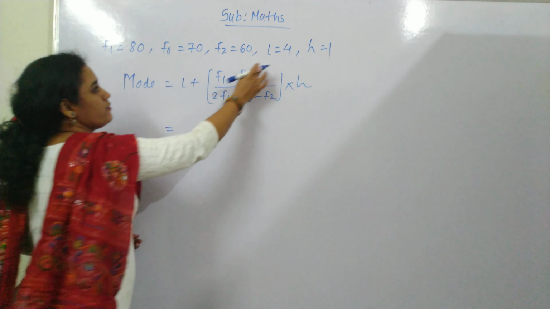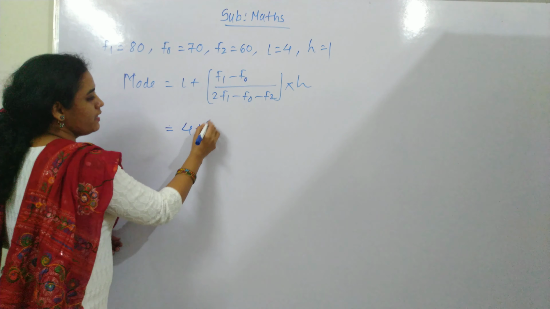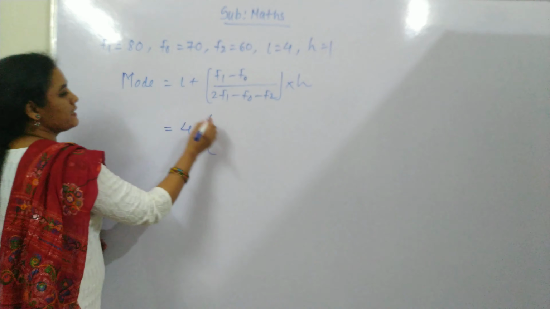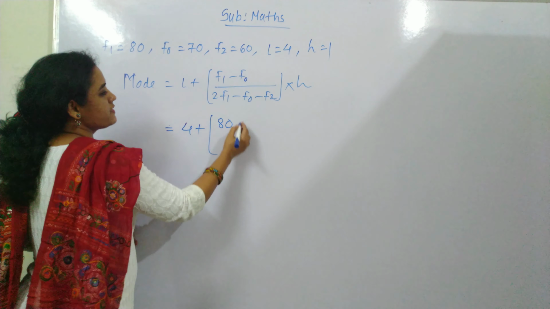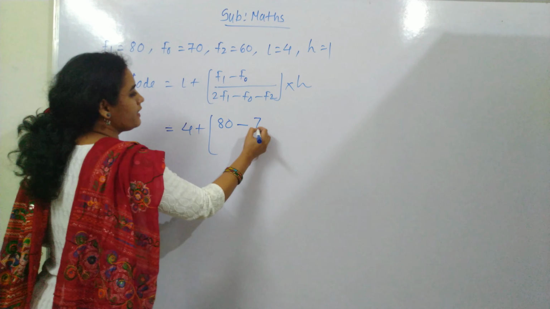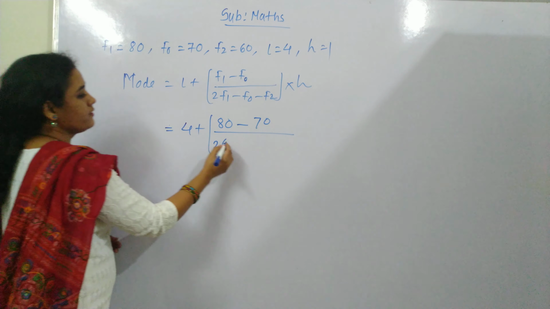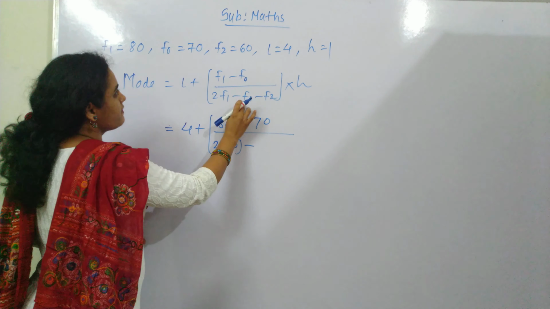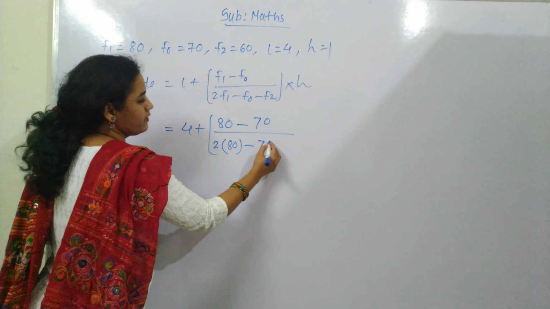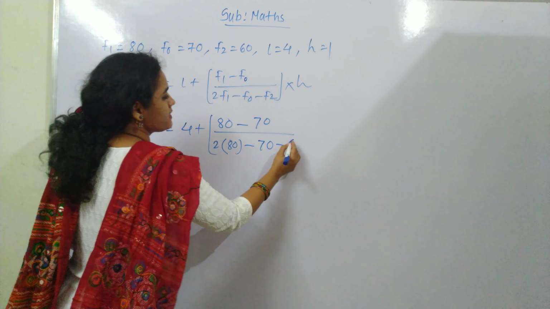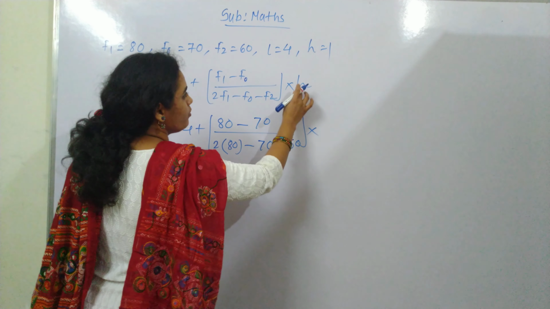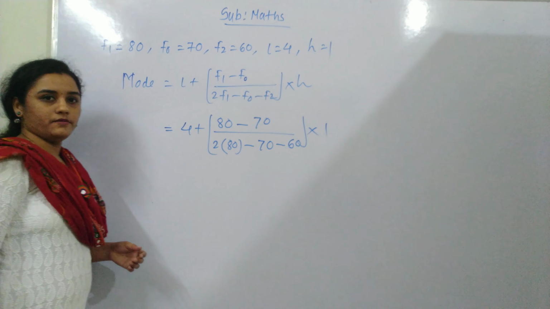Mode is equal to L, which is 4, plus (F1 is 80 minus F0 is 70) upon (2 times F1, 2 times 80 minus F0 is 70 minus F2 is 60), into H, which is 1.